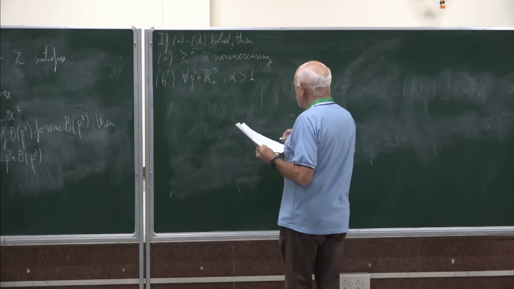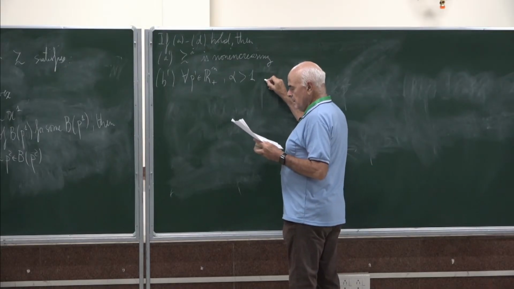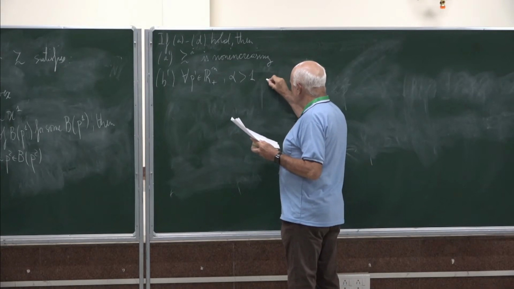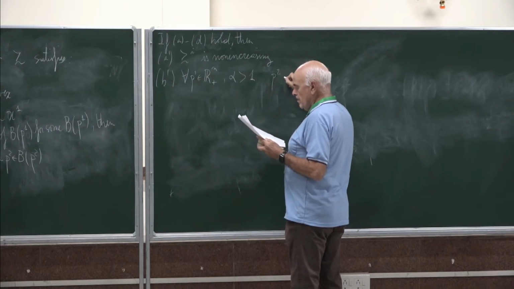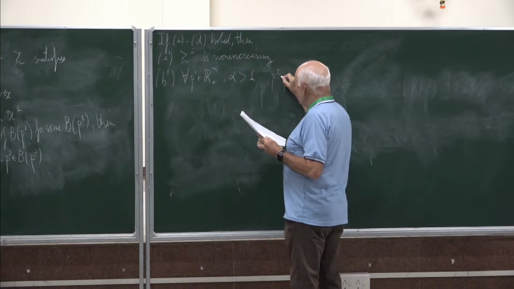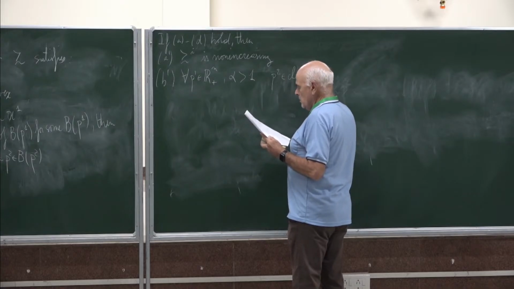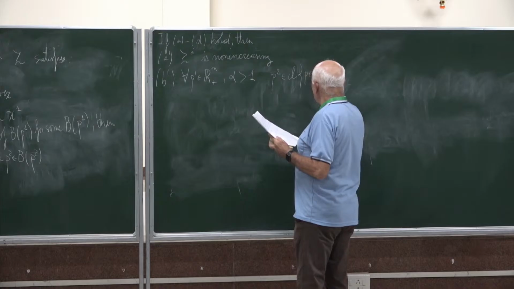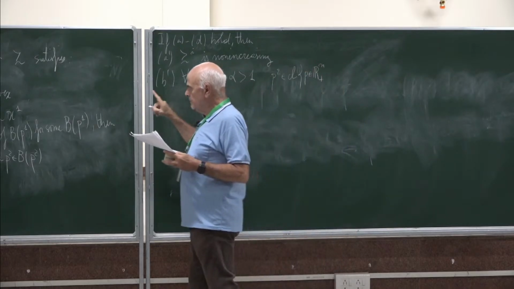So alpha greater than 1, and then if P2 belongs to the closure of the set of P in R plus N, so now we are reversing the order.